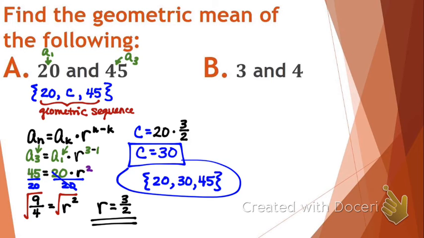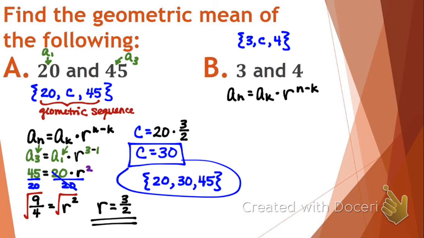I want to find the geometric mean of 3 and 4. So if I were to see this sequence written out, it would be 3, and then something, and then 4. A sub n is equal to a sub k times r to the n minus k.